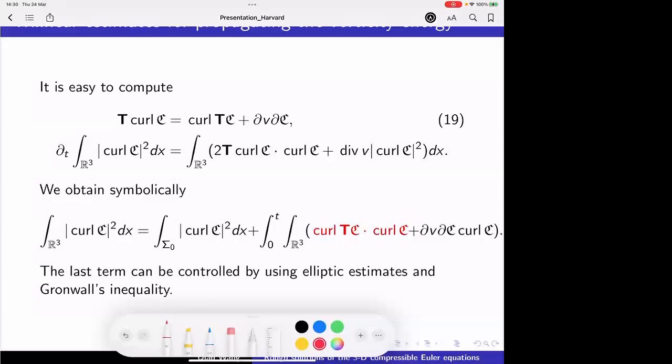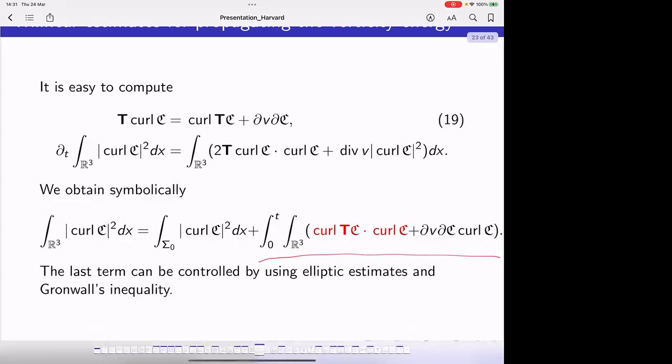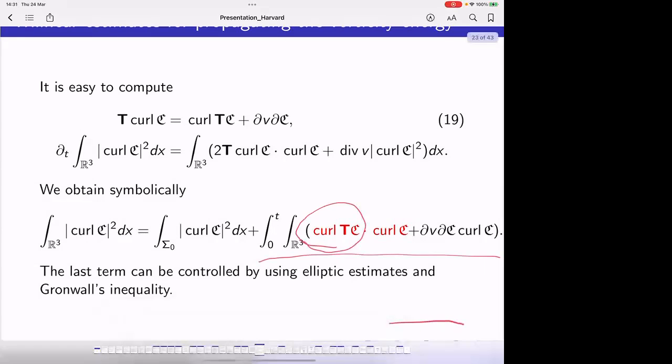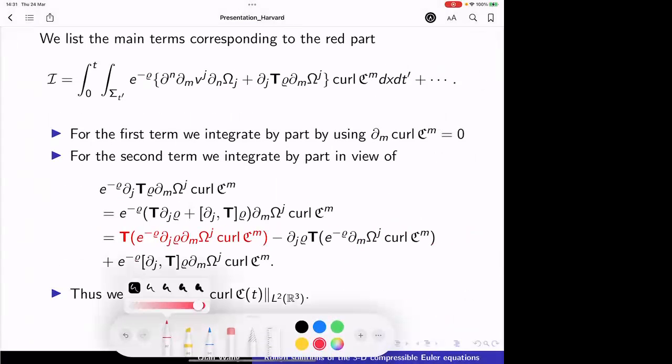If you try to control double curl omega in L2, what do you do? You just run your standard argument and then write carefully this term. Using an evolution equation, the right-hand side is this. Now calculate this carefully. You will see terms like this, a lot of terms. Looking at this term, to bound them, I know that V in principle should be in H2 plus.